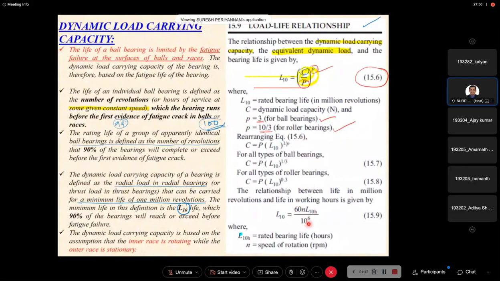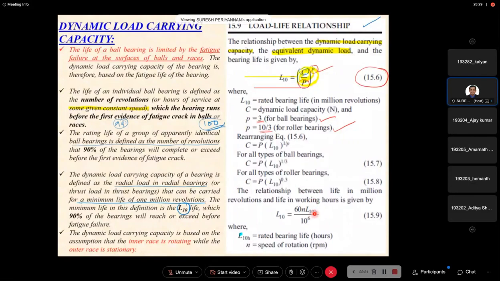Here we use 60 by 10 to the power 6, where n is nothing but the bearing speed in revolutions per minute, and L is in millions of revolutions. Then we can easily find the bearing life in working hours.